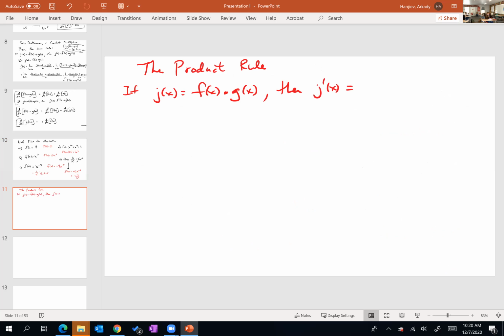Is it just the derivative of f times the derivative of g? Let's put a little question mark and try to figure out what that's going to be.